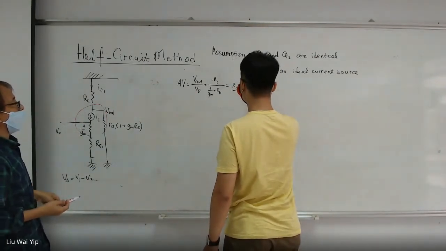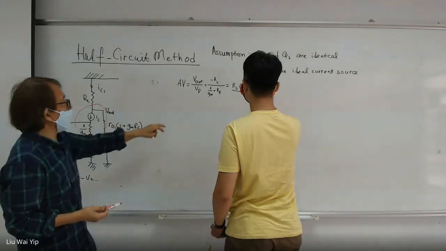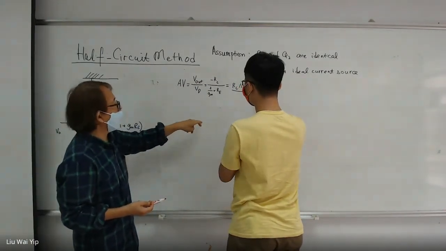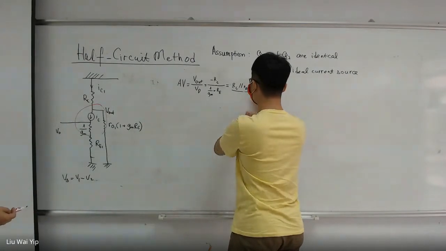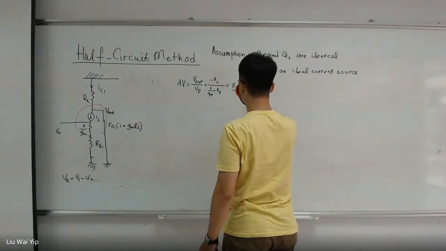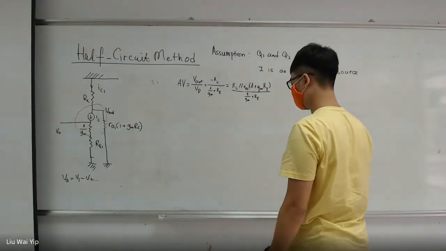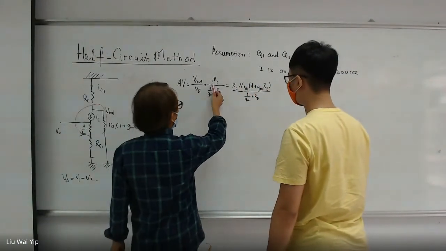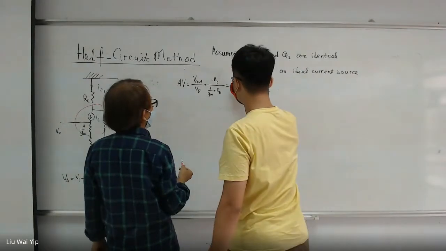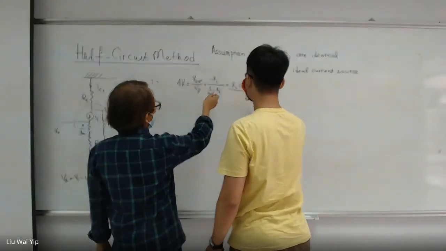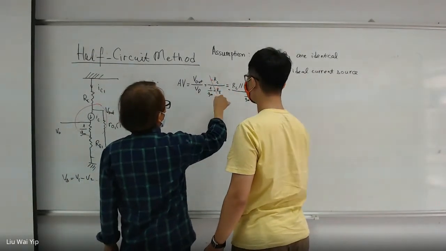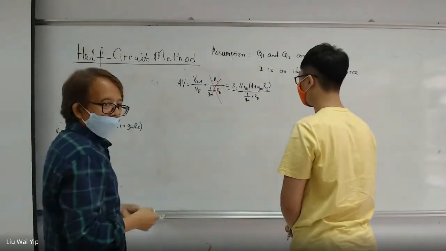Yeah. No, you have written here 1 over gm. What do you? Yeah. Do not forget, you have a minus sign. You almost missed it. And this expression is wrong. This one is right. Okay, thank you.